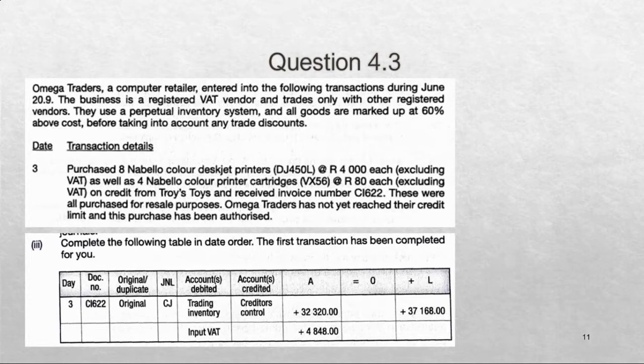It only involves the two accounts that are trading inventory and the sales. Yes, you're on the right track. Okay, you don't have it 100%, but you're on the right track as to what the differences are.